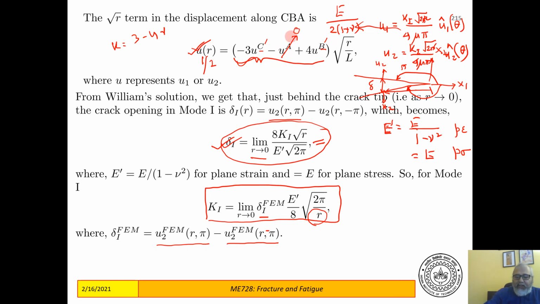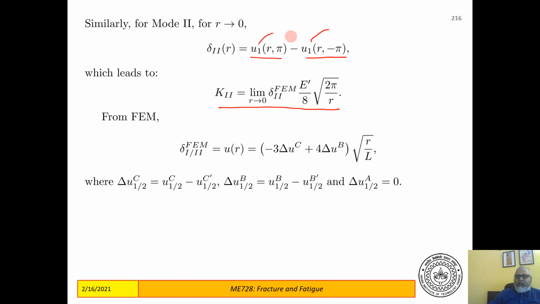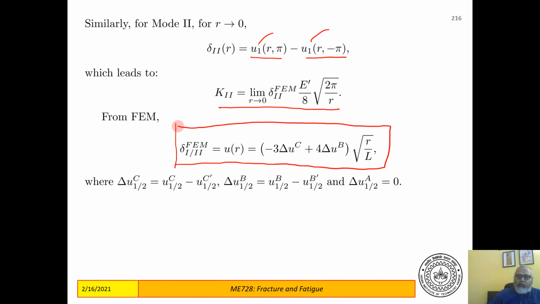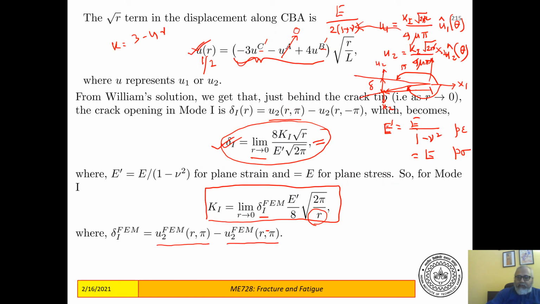If you do that, this is what you will get for both mode 1 and mode 2. For mode 1, you have to use U2. For mode 2, you will have to use U1. Once you do that, you can plug it into this, or into the K1 equation, to get your stress intensity factor.